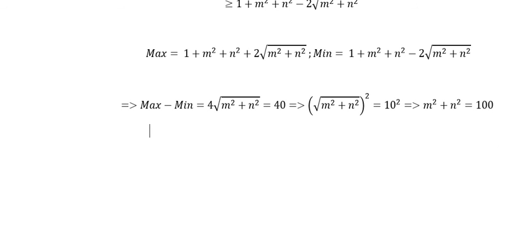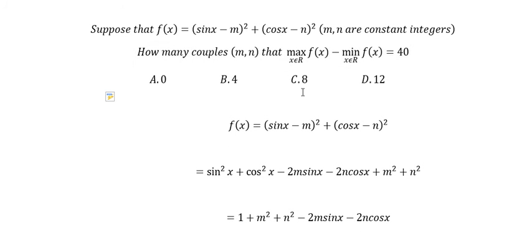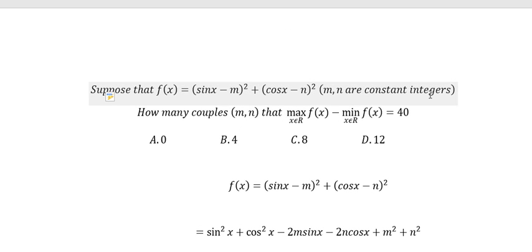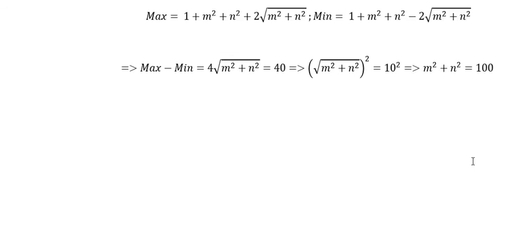Now we need to find how many couples (m, n) there are. We have m power 2 plus n power 2, and m and n are integers.